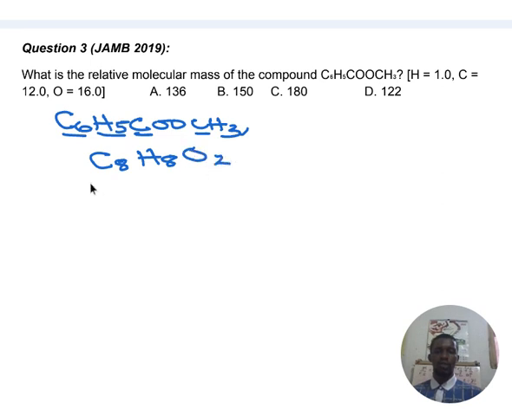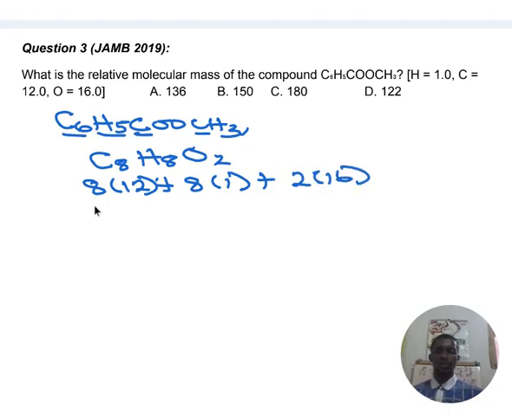So now carbon is 12, but we have 8 carbons, so it becomes 8 in brackets 12, plus hydrogen is 1, so we have 8 hydrogen, 8 brackets 1, plus oxygen is 16, and we have 2 oxygen, so 2 brackets 16.